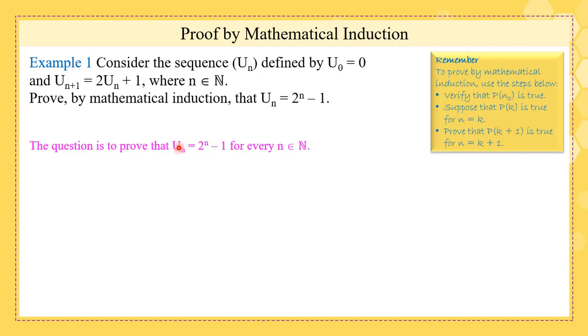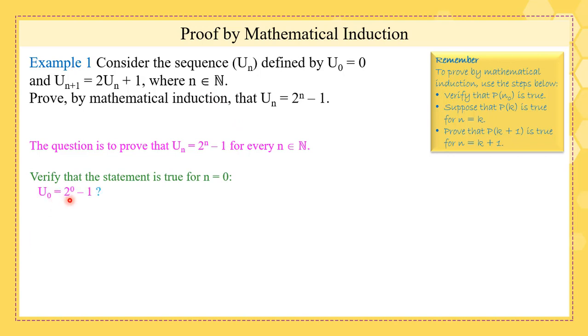We need to prove that un is 2 to the power n minus 1 for every n. So we begin by an initial point, and the initial point here is for n equals 0 because the first value of n here is 0. We could have chosen 1 or 2 or another natural number, but it's preferable to choose 0.